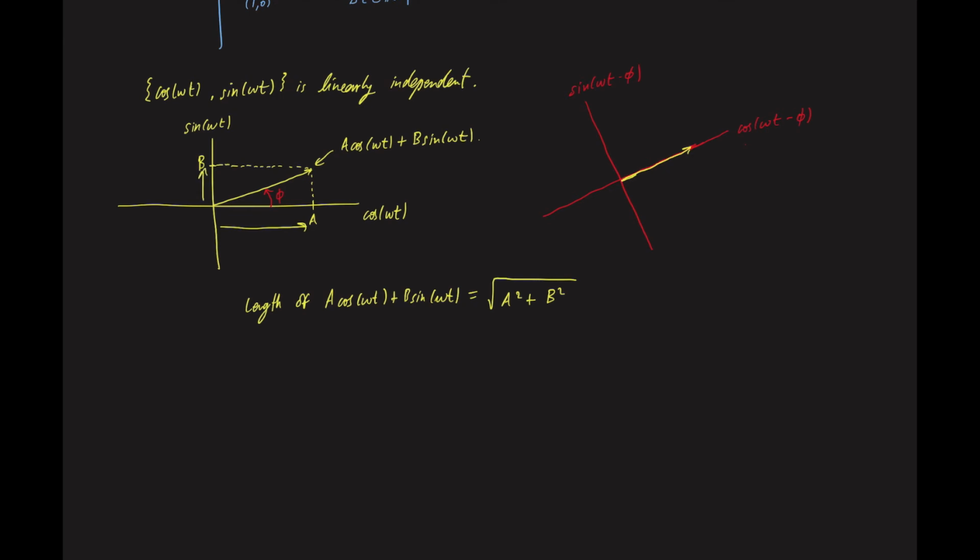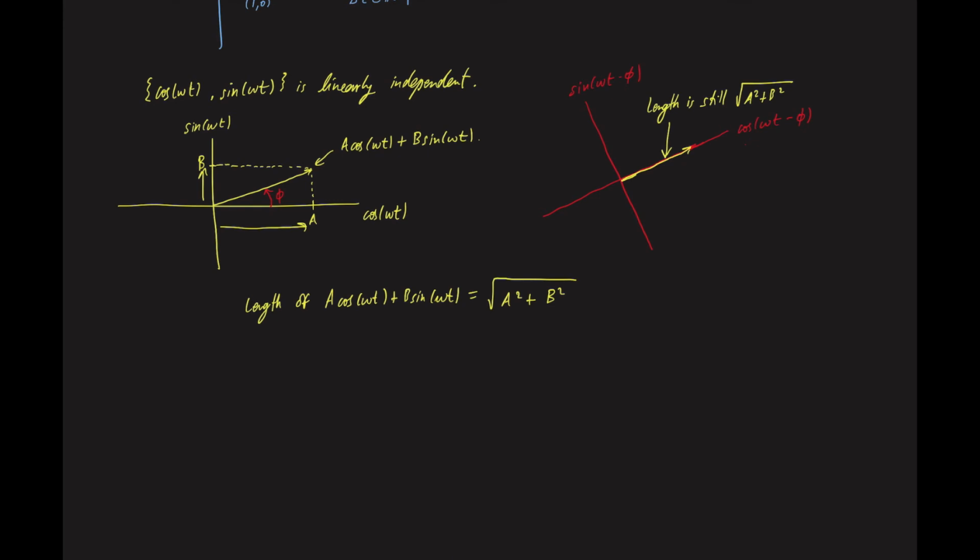So that's the length. The length has remained the same. We've only rotated our basis. So the length of this vector here is still the square root of a squared plus b squared.